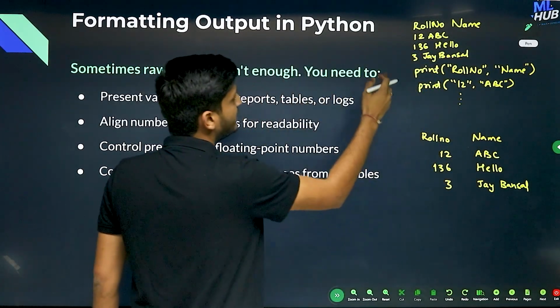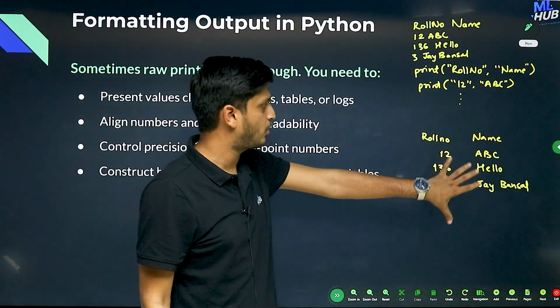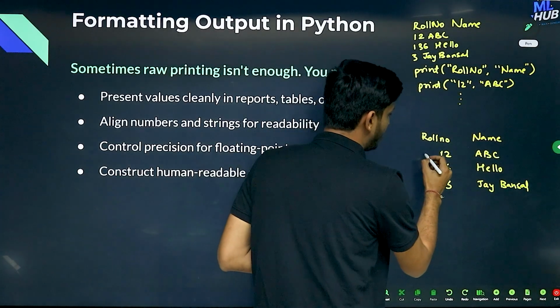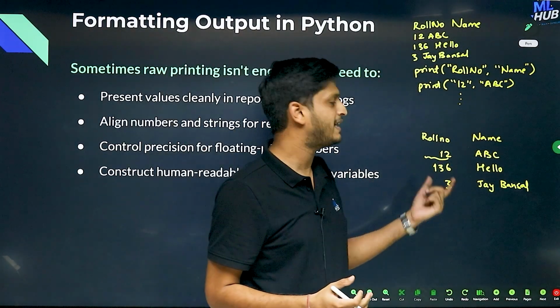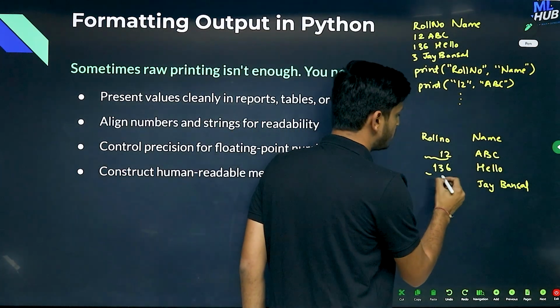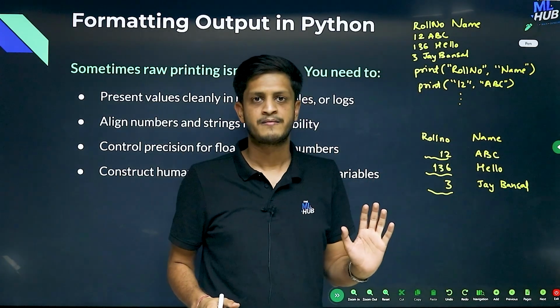This is not very nice, right? This is not a very nice tabular format, but I want this kind of beautiful output. So I can add some padding, like by default it should take this much space. Let's say I know the roll number is at most 4 digits. So I will tell that every roll number should take at least 5 spaces, no matter what the size of the roll number is.